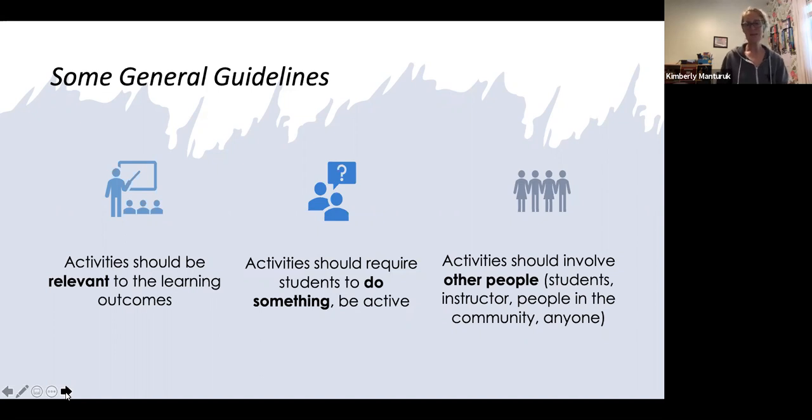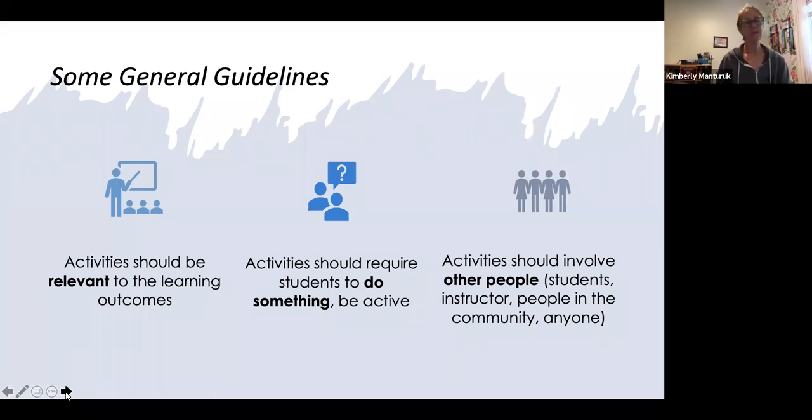And then the last thing is that engaging student activities should involve other people. And we know this because we have them do this on campus classes all the time, right? Turn to your neighbor and work on this problem, answer a question that I'm asking you. When you're teaching an online class, it's a little more challenging, but you can find other people for students to engage with in their home environments.